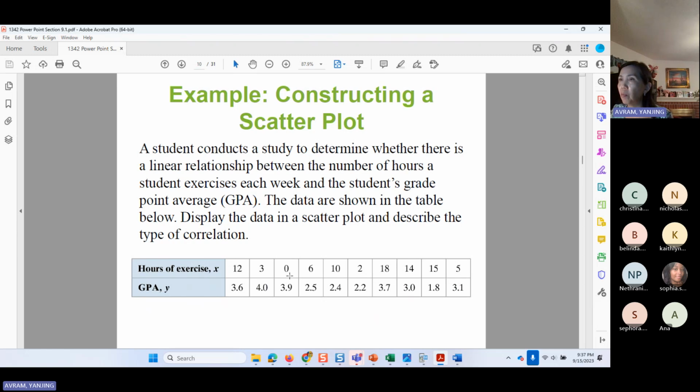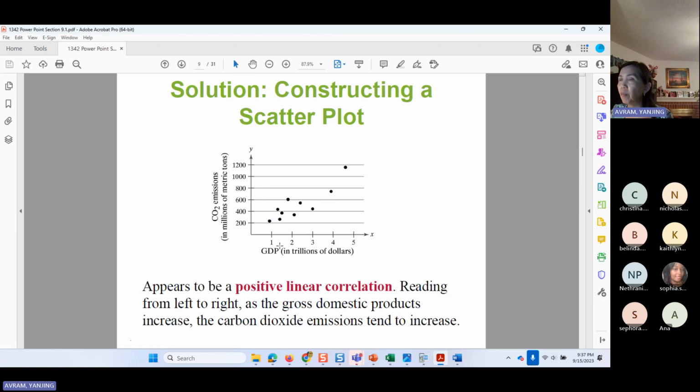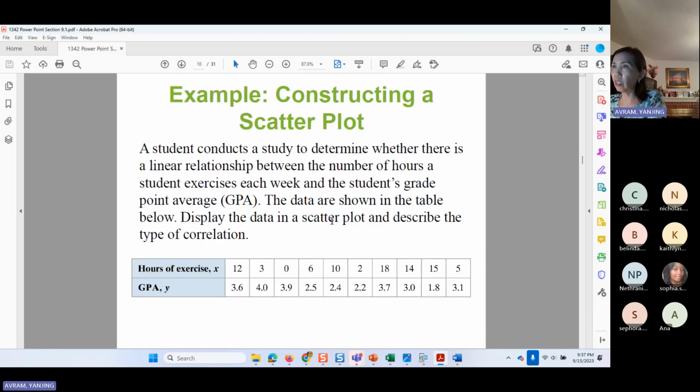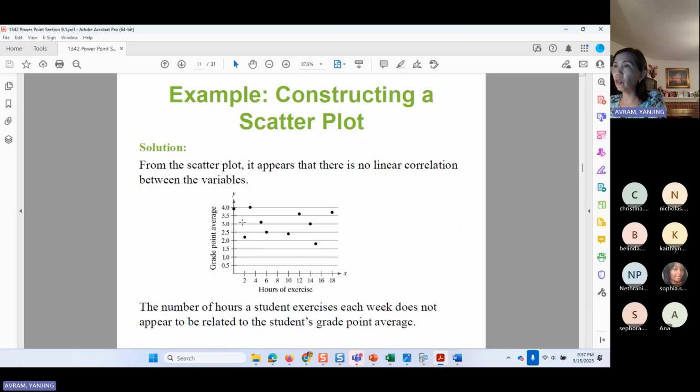That's our section 2, using an equation to represent this linear regression, with the GDP and the CO2 emission here. You can see this is a very good positive linear correlation. This other one is another student's GPA and hours of exercise. You can put this in the same way.